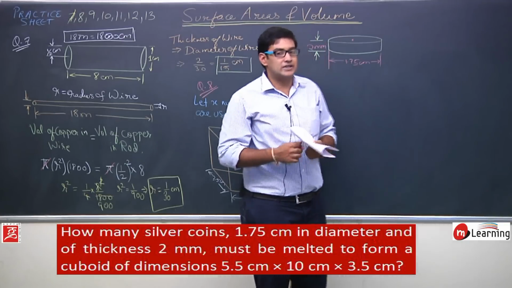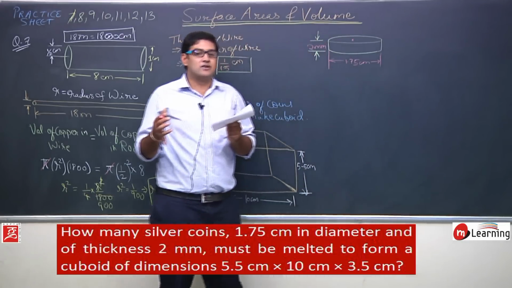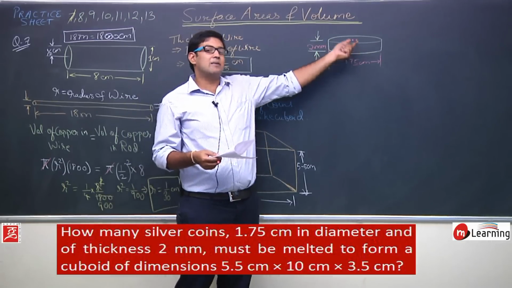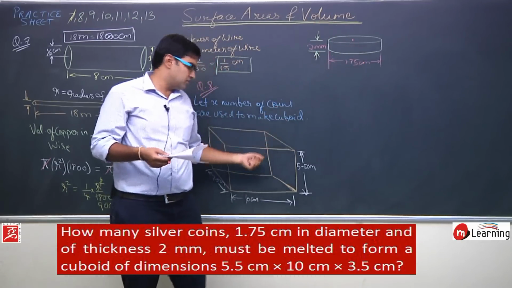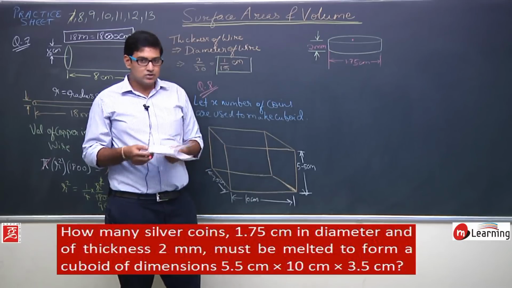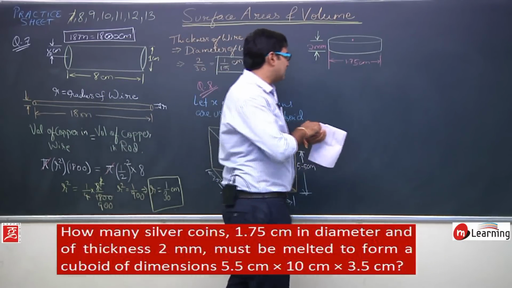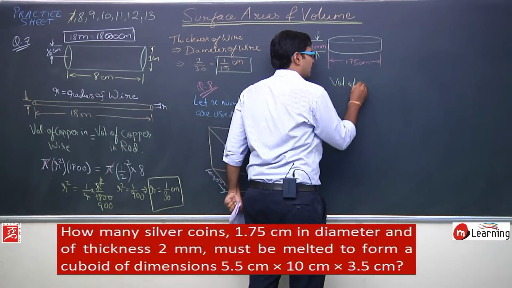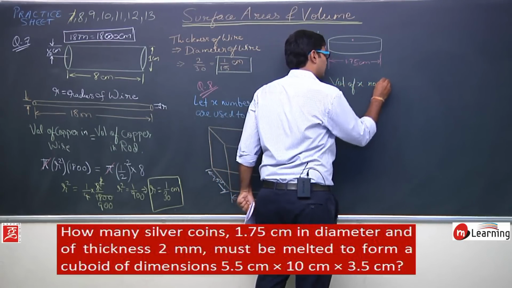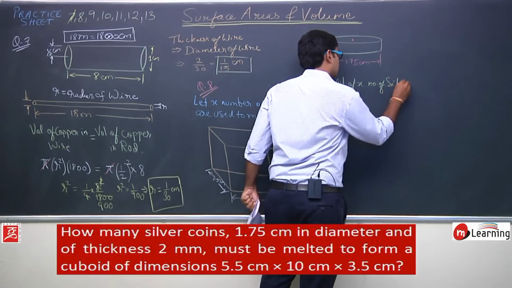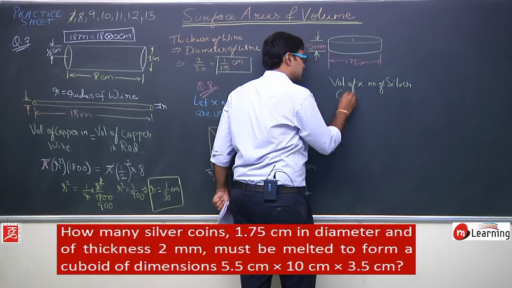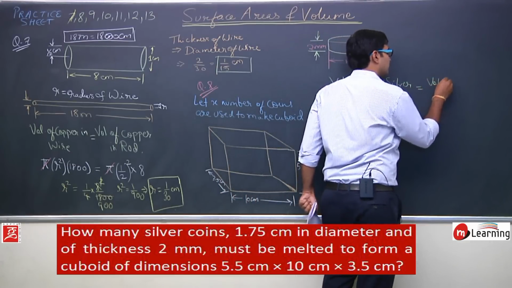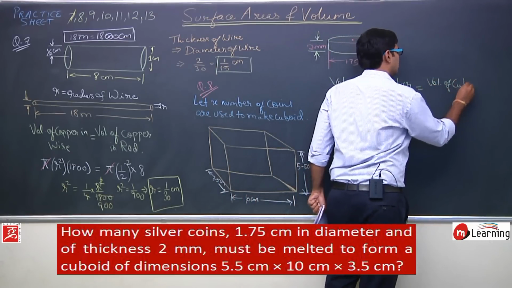So whatever the volume the silver has in silver coins is completely used to make this cuboid. So mathematically I can write volume of X number of silver coins is equals to volume of cuboid.